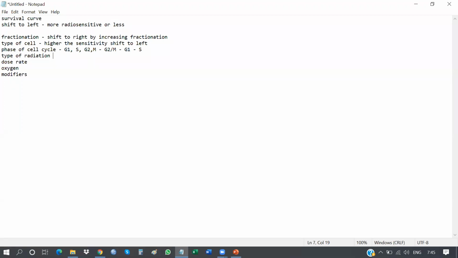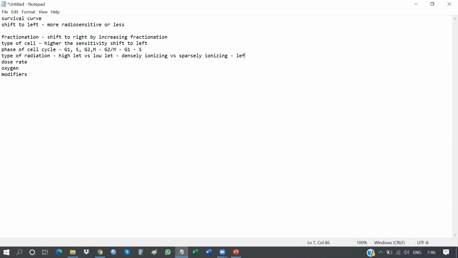Okay. Type of radiation. High LET versus low LET. In other words, densely ionizing versus sparsely ionizing. Correct.